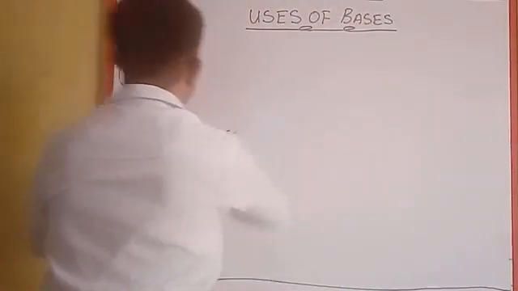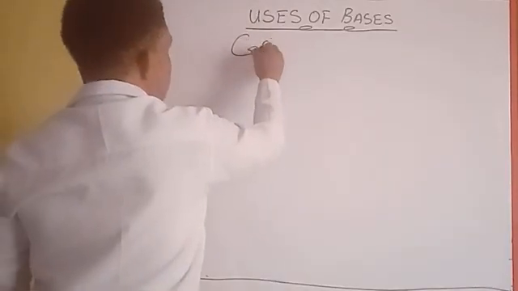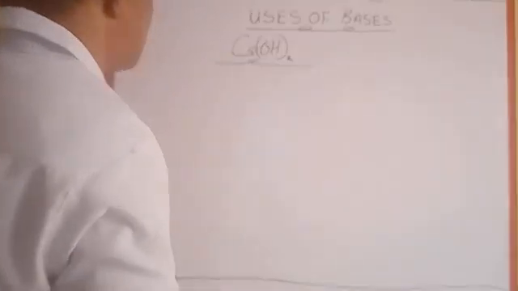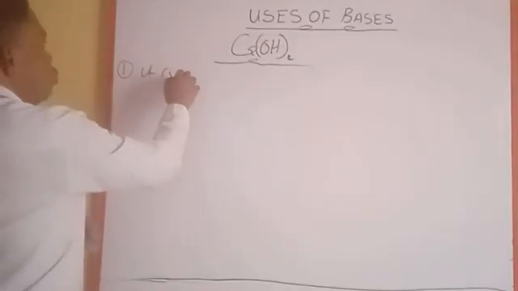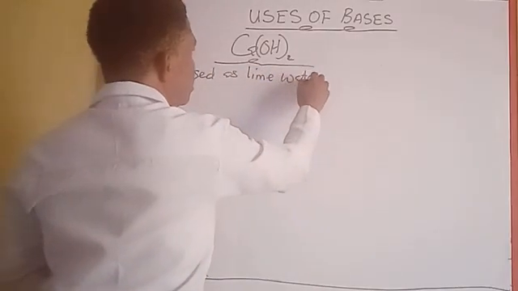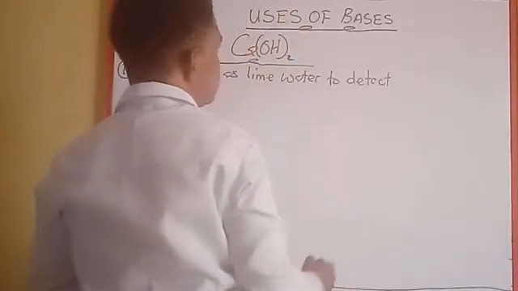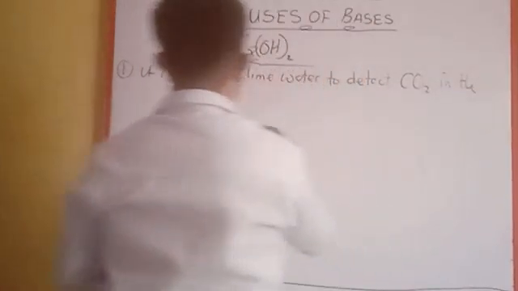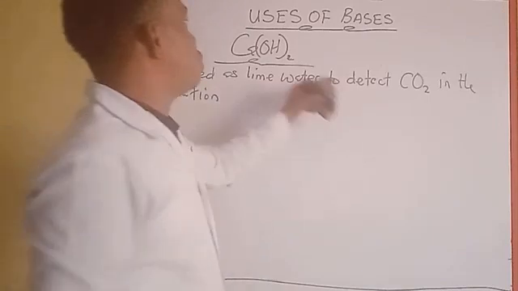I want to talk about calcium hydroxide, which we call slaked lime. Let's look at the uses of calcium hydroxide. Number 1, it is used as lime water to detect carbon dioxide, CO2, in the laboratory, because carbon dioxide will turn it milky.